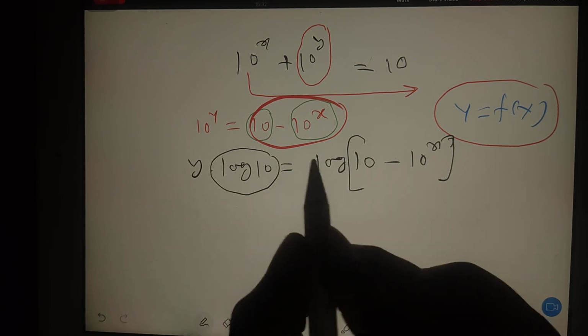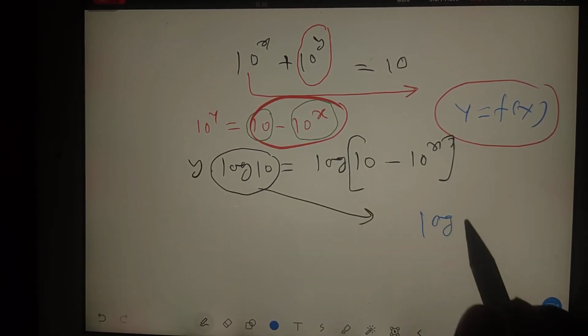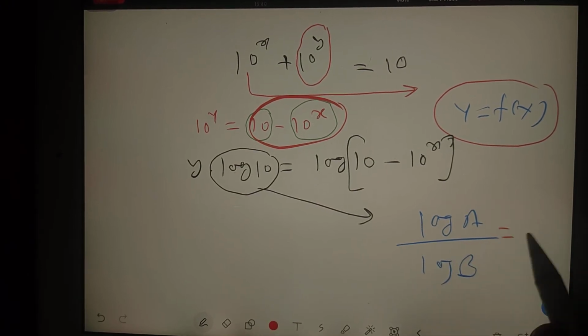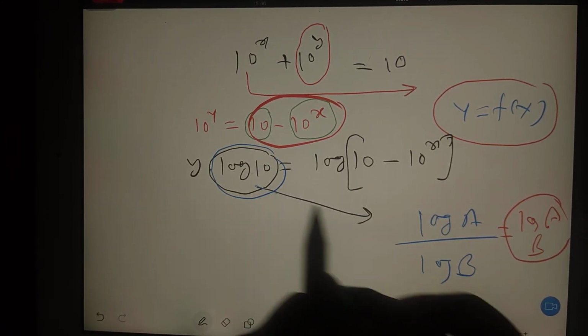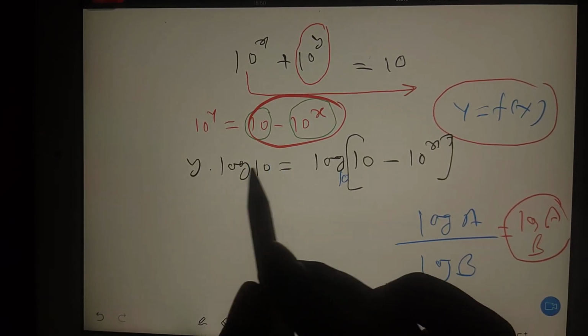Next, this log 10 I will divide, and I will apply the property of log. If you have log a divided by log b, then you can write it as log a to the base b. So when I divide by this log 10, the 10 I write as the base here. So I can shorten my step.